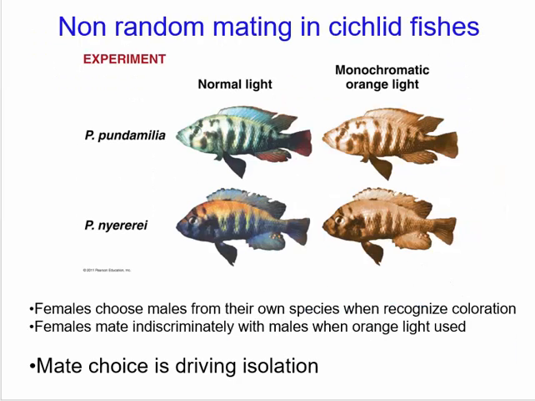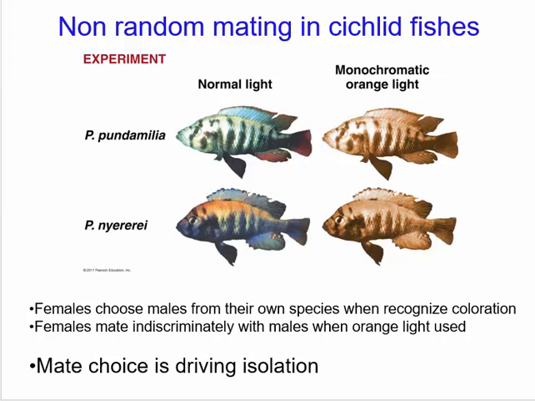And how does that work? What is our evidence for this? Well, we've got these two different cichlid species, and under normal light conditions, females would choose males of their own species to mate with. They're recognizing the coloration of the fish, and they say, okay, that male's in my species, that's who I'm going to mate with.